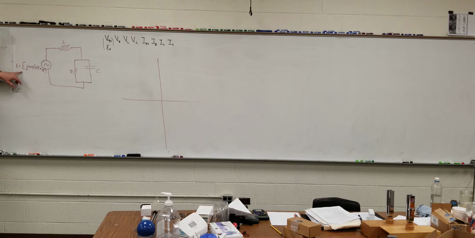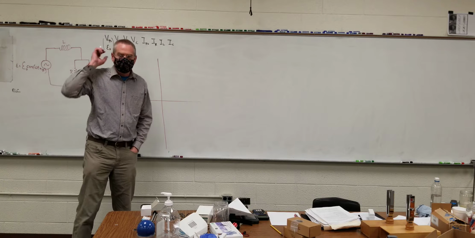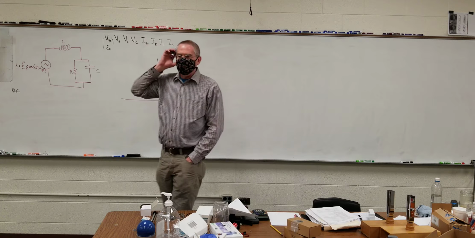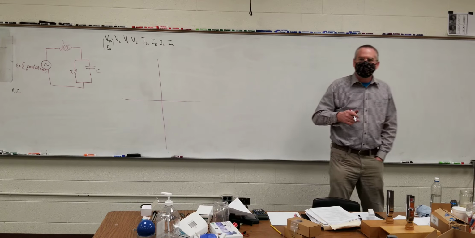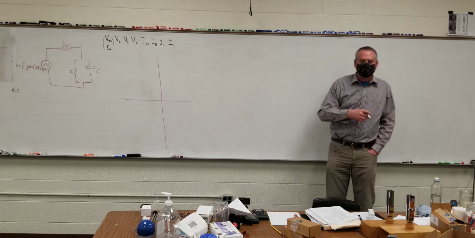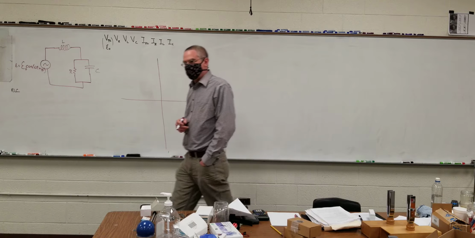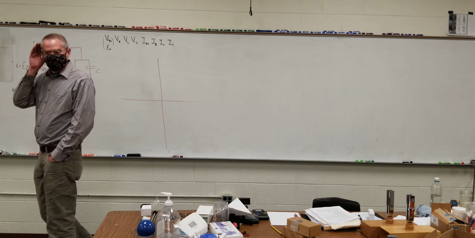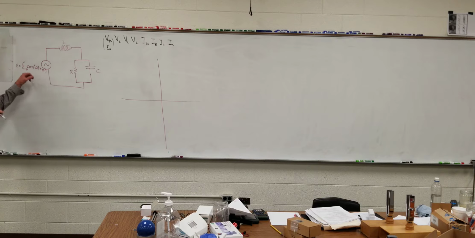And epsilon sub naught would be the magnitude, which was something I think 169. For the amplitude of voltage coming over. It's 120 times the square root of 2, like 1.4 something. Inquiring minds: 169.7. So that would be epsilon sub naught for our power supplies here.